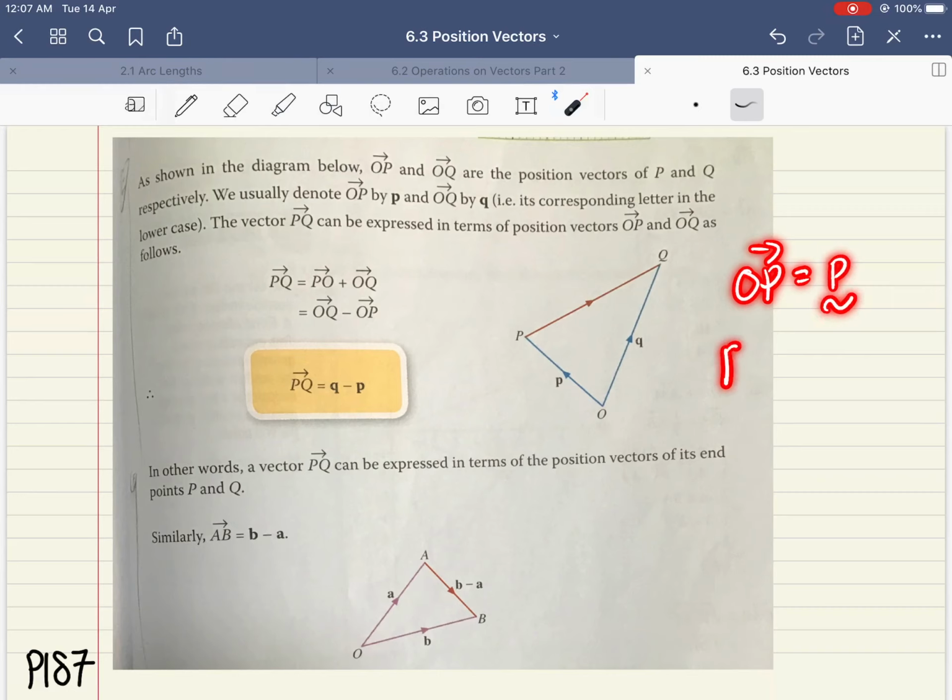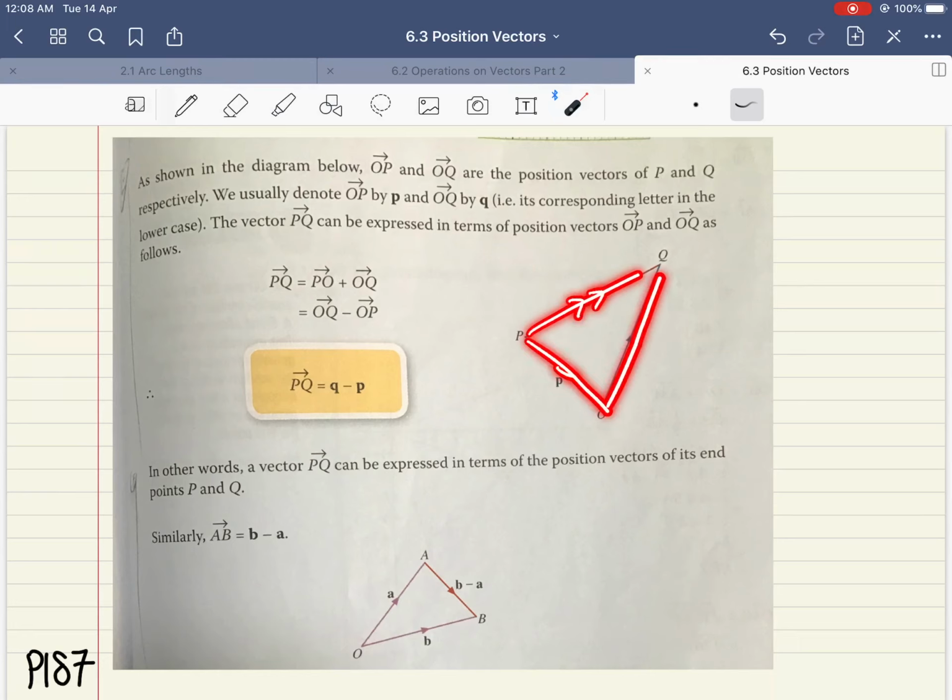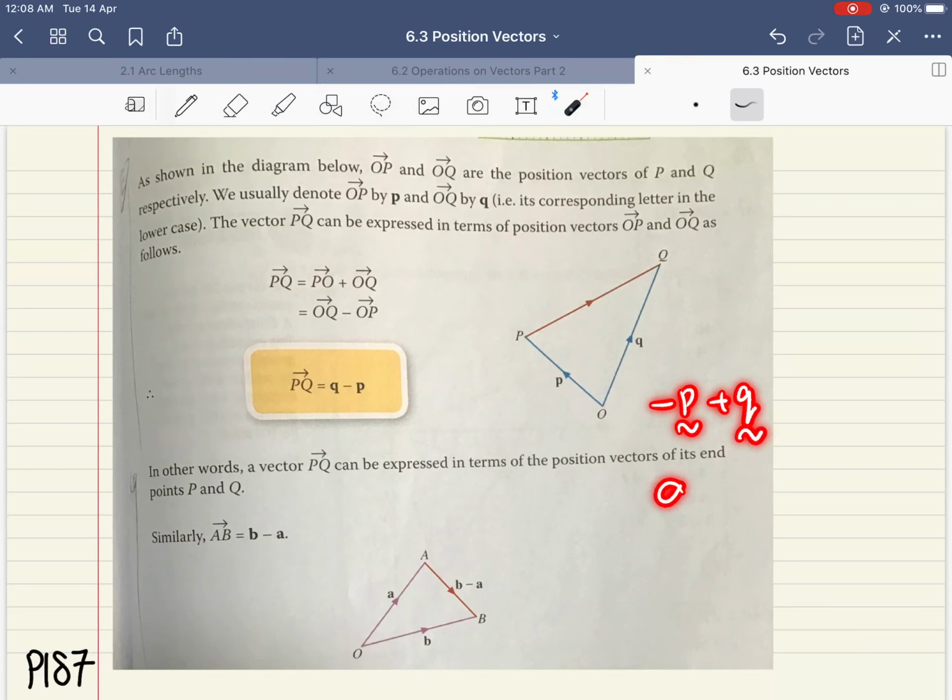So if OP is equal to the vector P, what is PO? PO will be equal to negative P. Hence, PQ is equal to PO plus OQ, so PQ is equal to negative P plus Q. If I rearrange that, it is Q minus P.